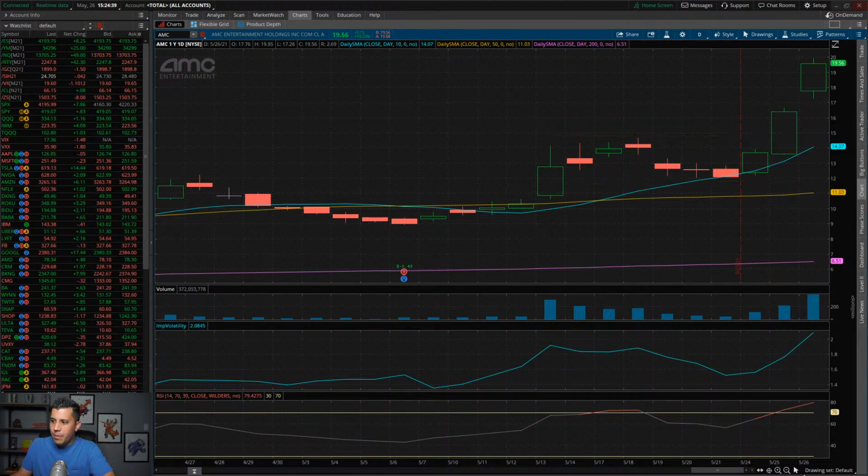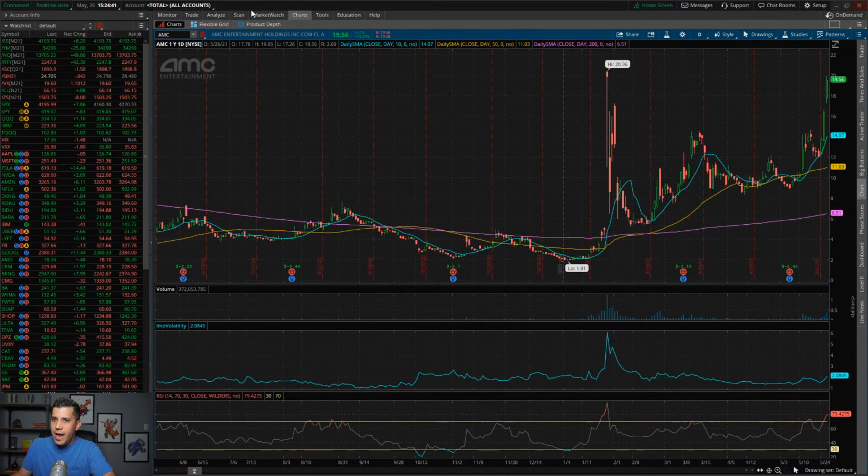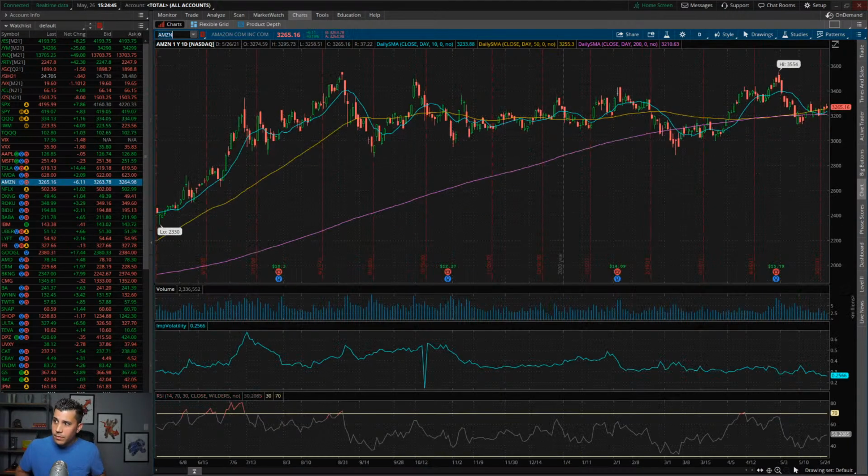Going into some other stocks here, like I mentioned, Amazon. Amazon is in what I would call a triple top situation, where we have one top here, and we made another top here.